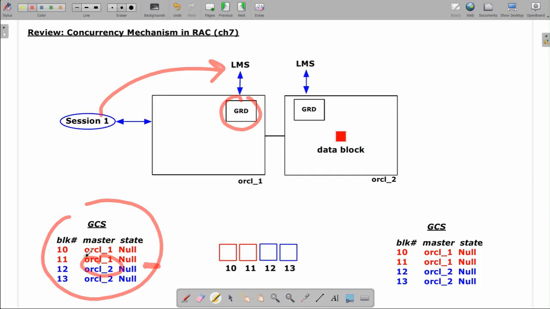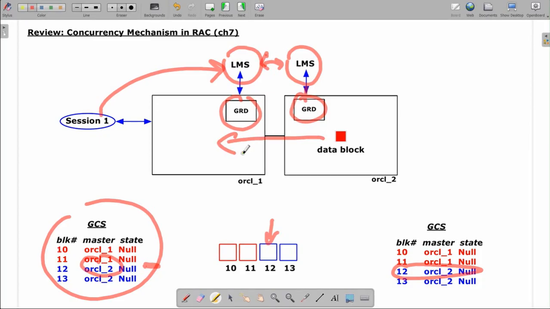Since this LMS is in instance 1, it cannot modify the metadata of block number 12 because its ownership is the second instance. Because of this, LMS works with the remote LMS. Then the remote LMS will check the status of the block, update this metadata, return it to the local LMS, and transfer this block back.